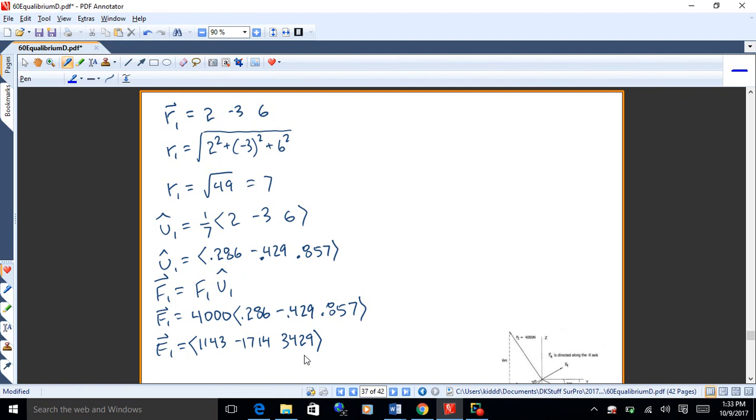Okay, y'all getting to that? 2 minus 3, 6. Get the square root of 49 for 7 and divide through by that. And then scale it up by 4,000. Y'all doing okay with that? Questions on that stuff?